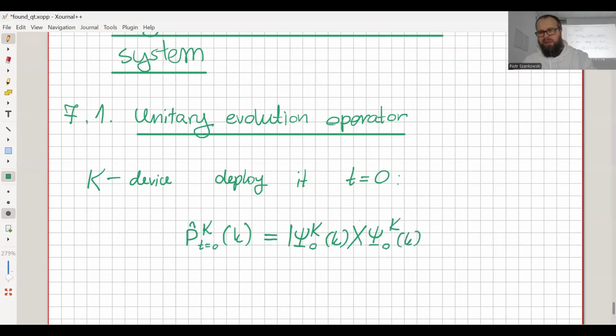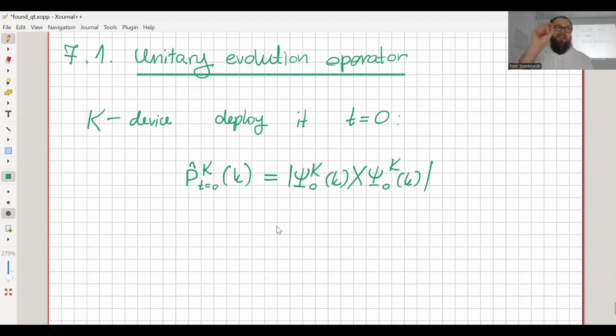So the projectors would be just projecting on a certain vector in the Hilbert space, and these vectors form bases in Hilbert space.